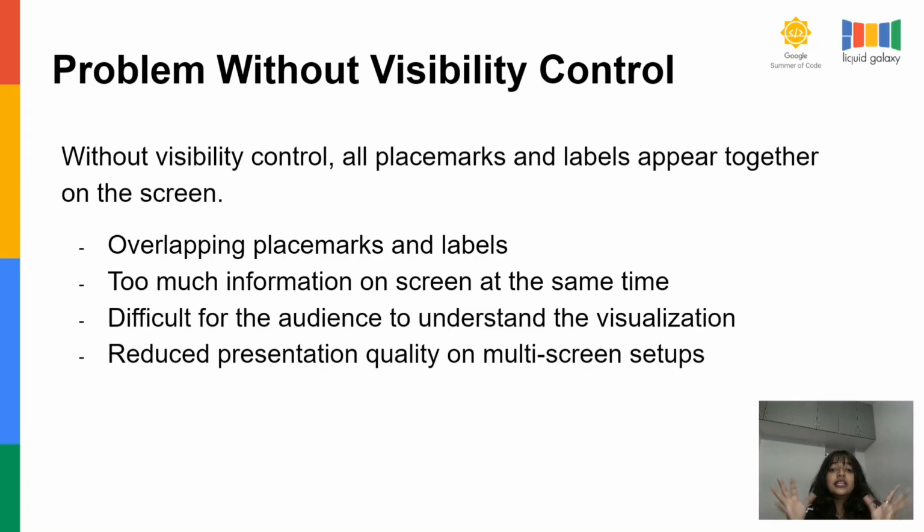And in a multi-screen Liquid Galaxy setup, this issue becomes even more noticeable because the content spans across several displays instead of telling a clear geographic story. The visualization feels cluttered and difficult to follow.